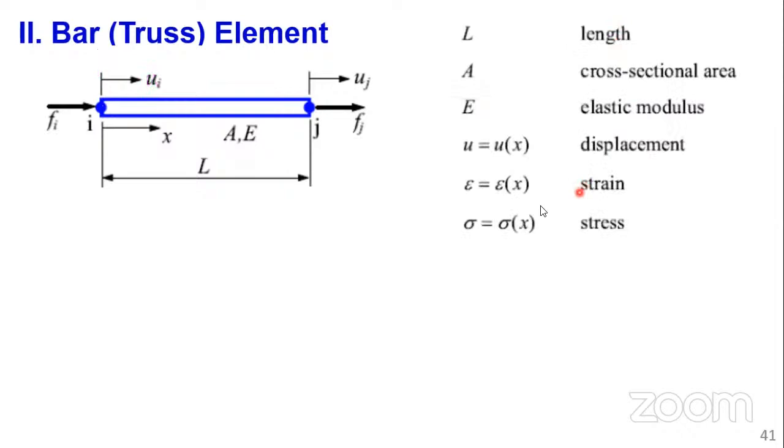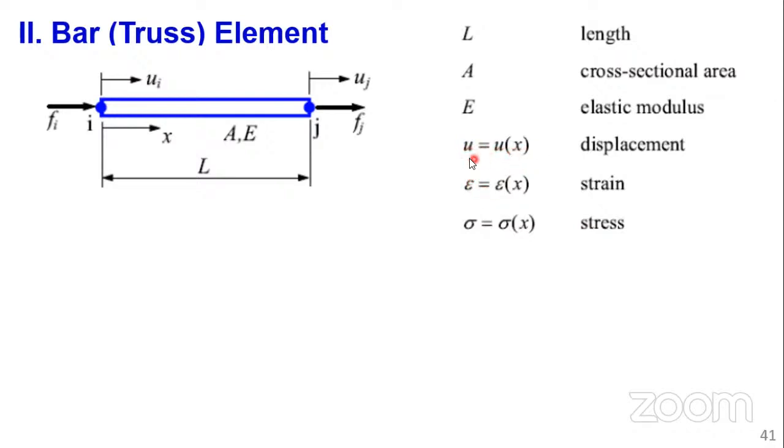So this is what we are defining here. And we can go further ahead, and of course, we know strain. Strain can be represented with this epsilon, and sigma is the stress. And you can see from this point of view, we are saying U equals U(X).